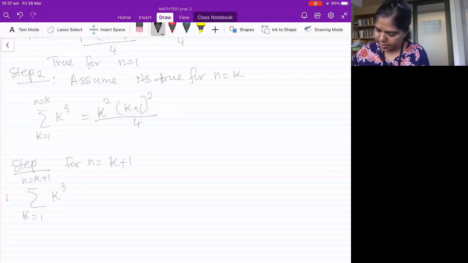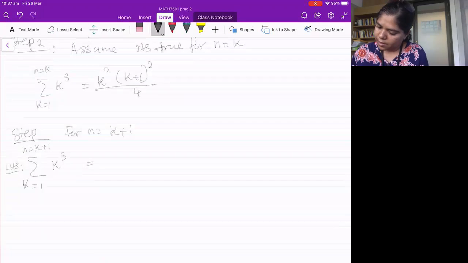Okay. This is the left hand side. It should be equal to the sum up to k, plus the k plus 1 cubed.